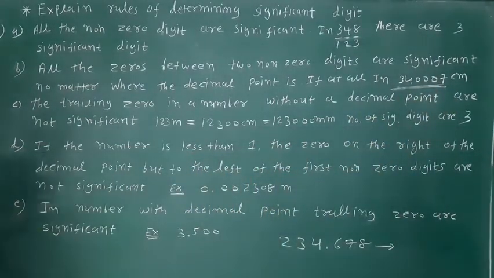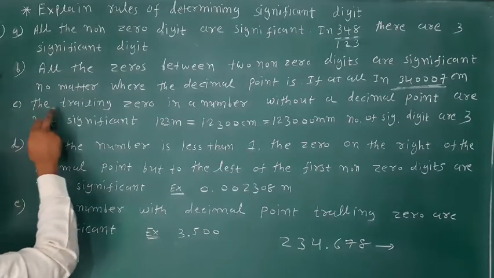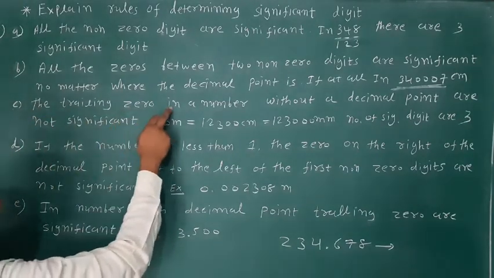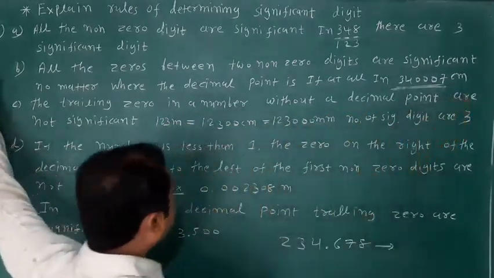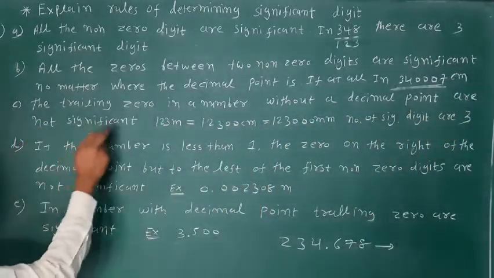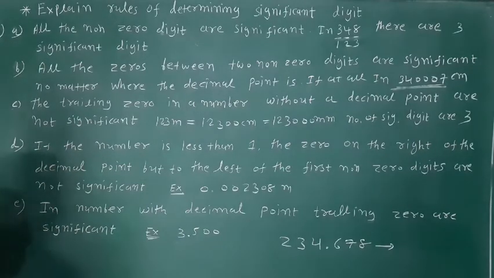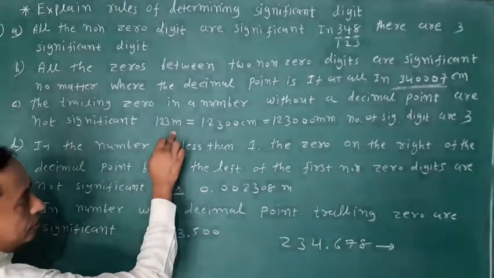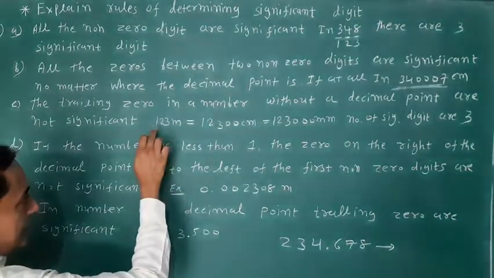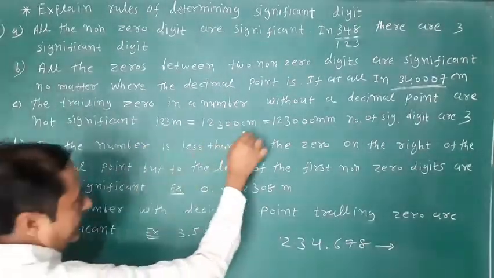Okay. Third, trailing zeros in a number without a decimal point are not significant. Means, look here, 123 meters. Suppose this number is converted into centimeter.